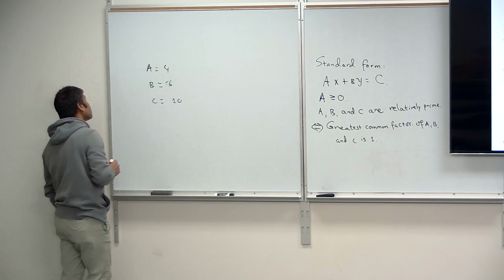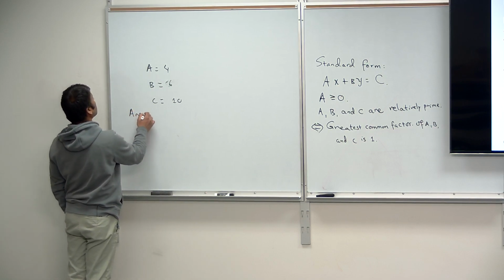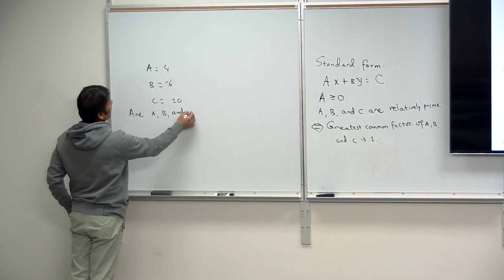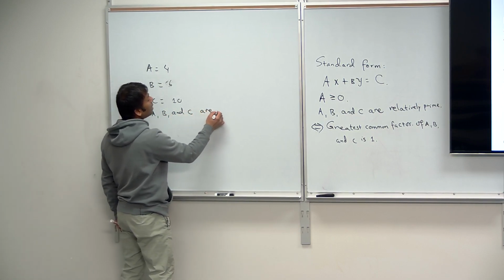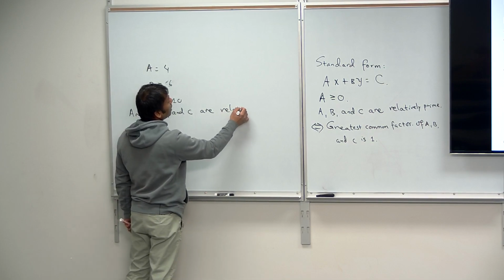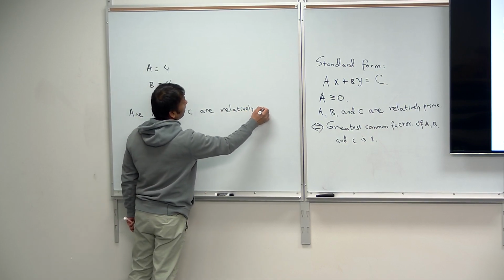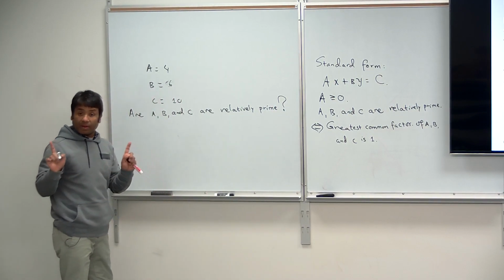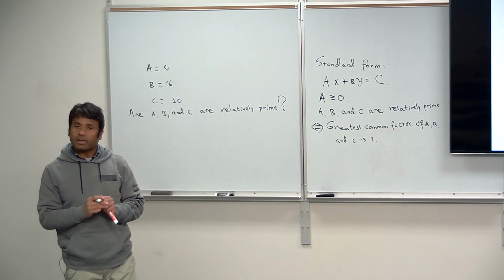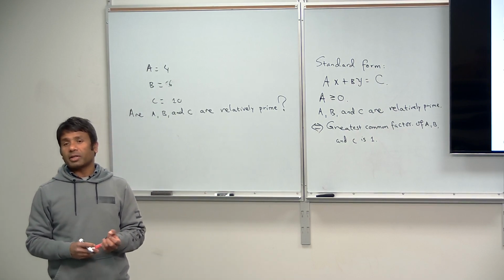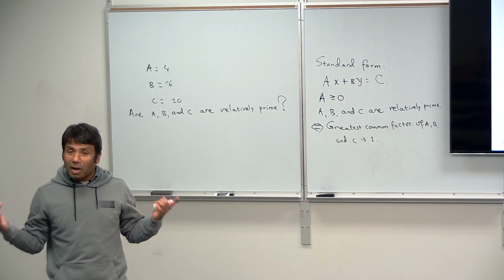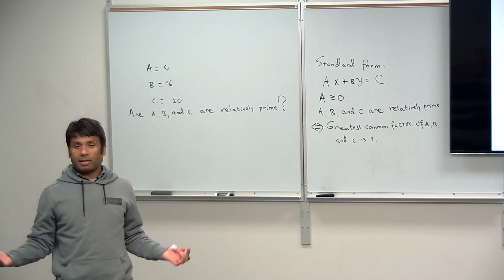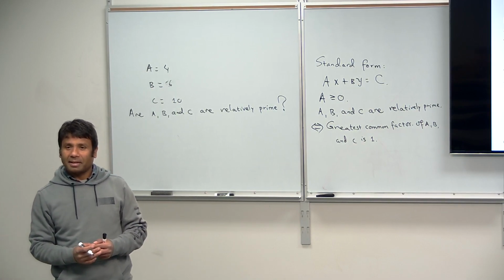My question is, are a, b, and c relatively prime? Now you need to find the greatest common factor. If the greatest common factor is 1, you can say relatively prime, right? Otherwise, they are not. That makes sense?